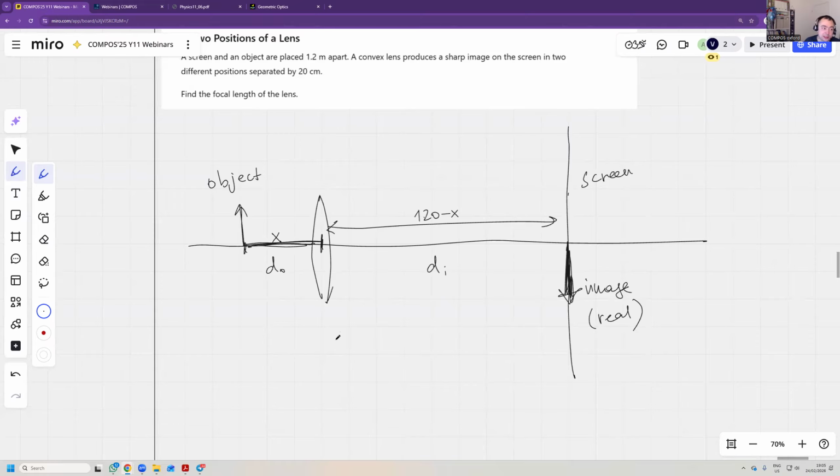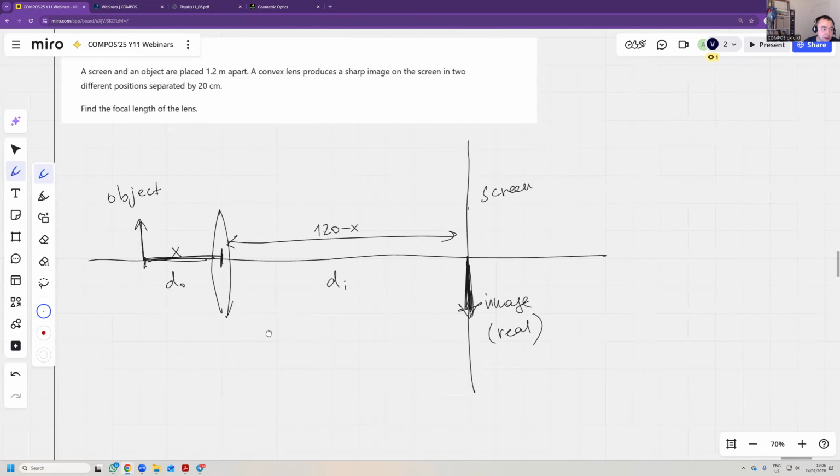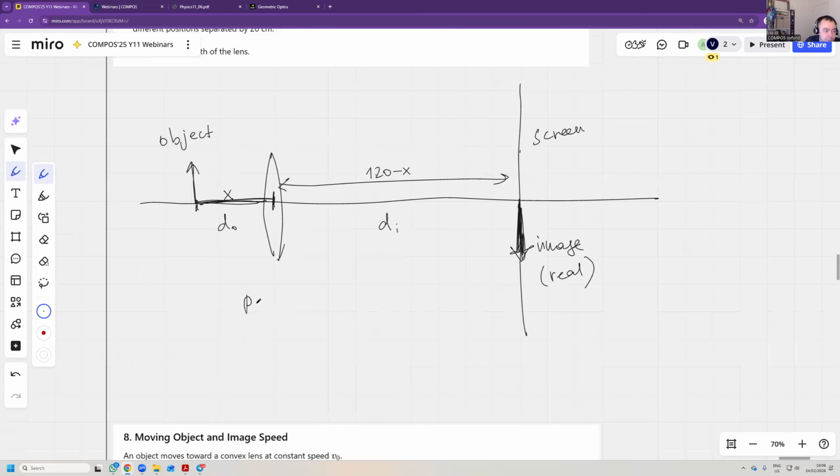And it turns out that, okay, so position one: d0 is x, and di is 120 minus x.